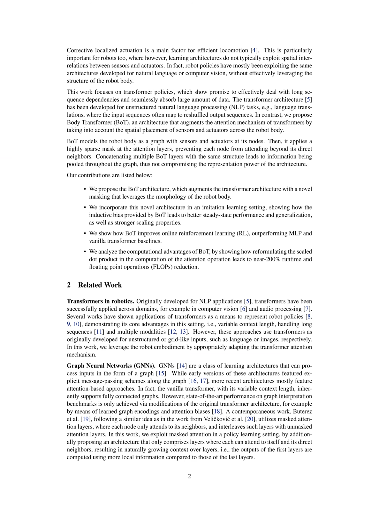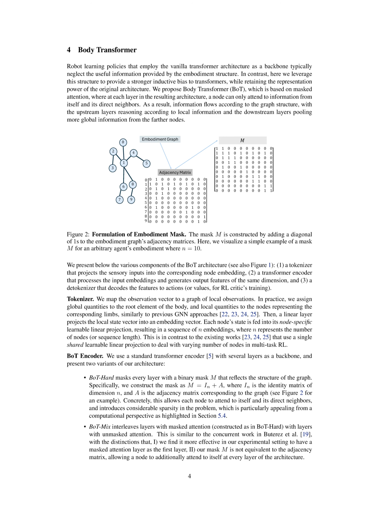The body transformer, BOT, operates by modeling the robot body as a graph, where nodes represent sensors and actuators, and edges reflect the body morphology. The methodology begins with a tokenizer that projects sensory inputs into corresponding node embeddings, assigning global quantities to the root and local quantities to limb nodes. The core of BOT is its transformer encoder, which utilizes a masked attention mechanism.